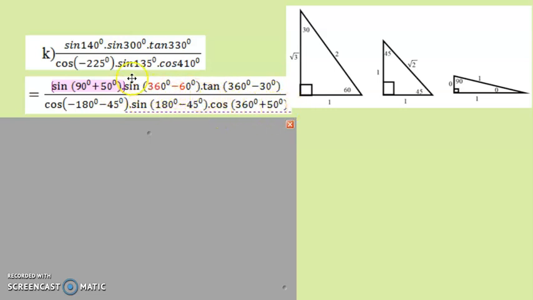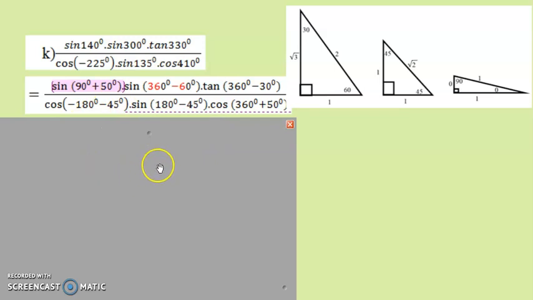So the next one, sine of 360 degrees minus 60 degrees, tan of 360 minus 30, negative 180 minus 45 as indicated, and then sine of 180 minus 45 and cos of 360 plus 50.